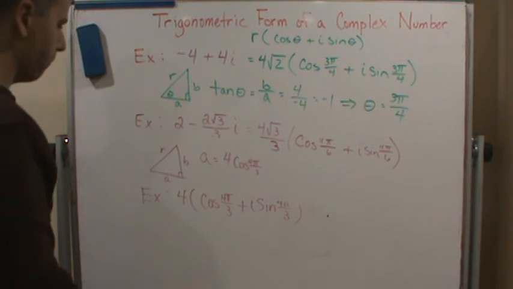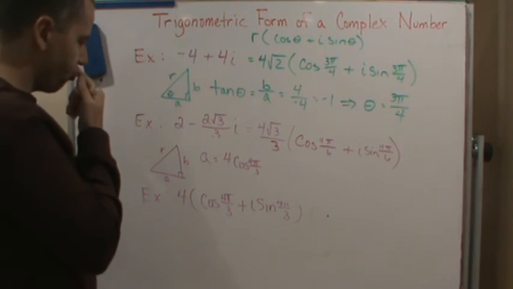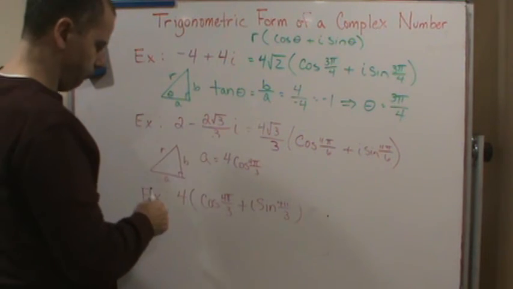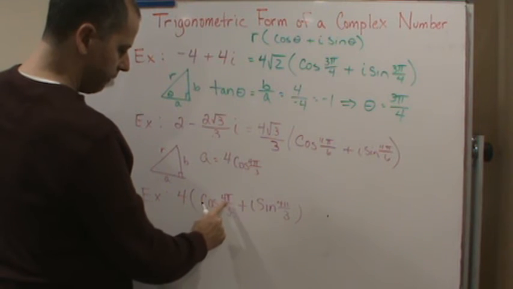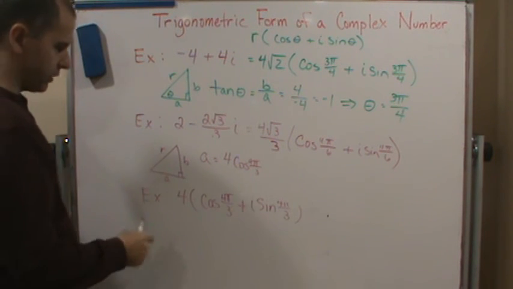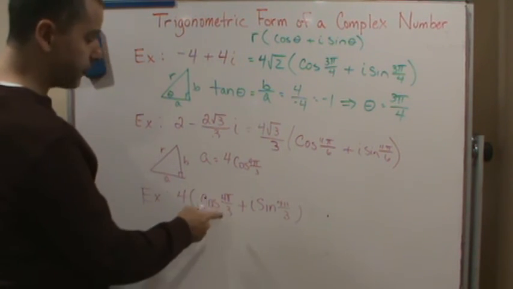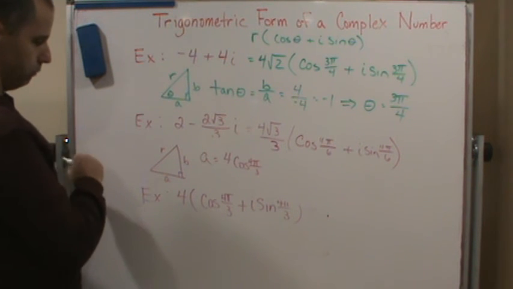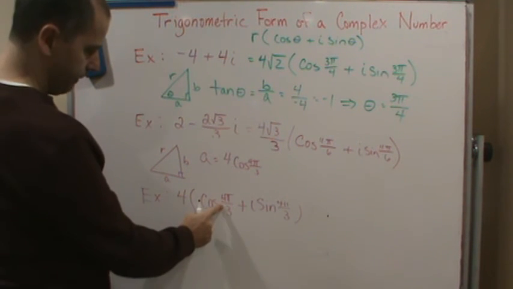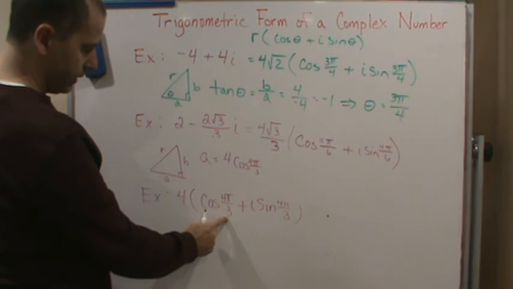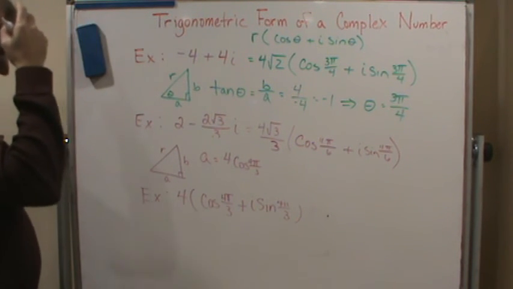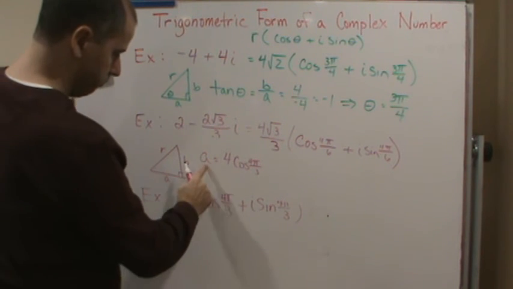Okay, well, we don't even need to go that far. Think about this. Cosine of 4 pi over 3. Where is 4 pi over 3? Well, this is in what quadrant? Right? So this is your a.